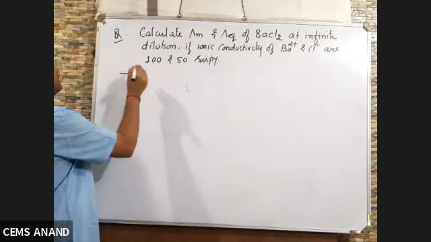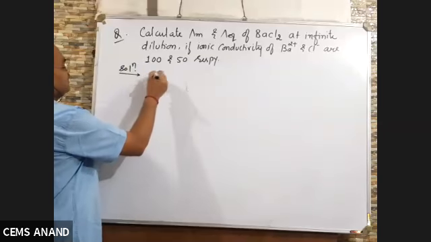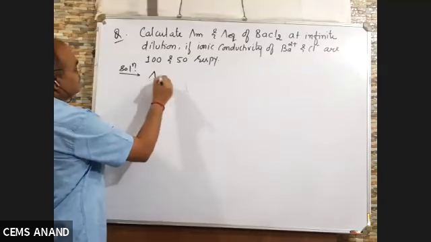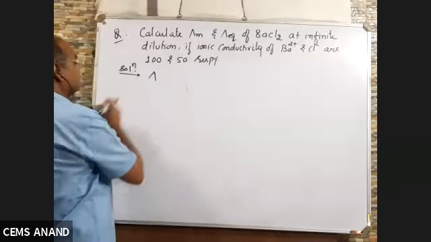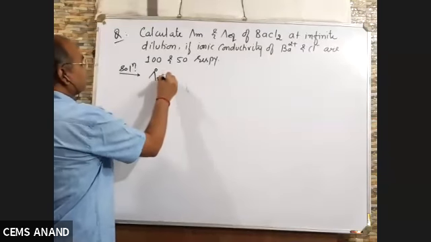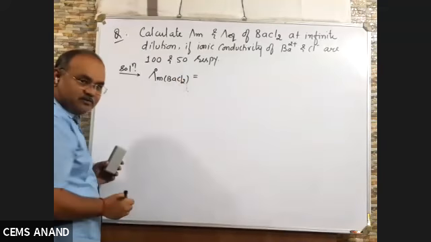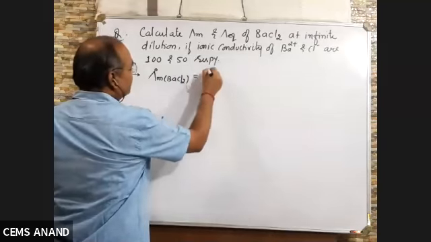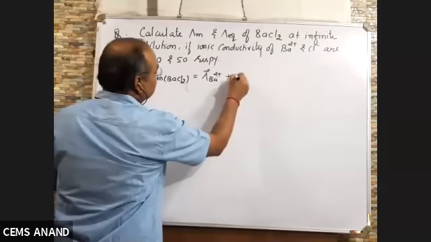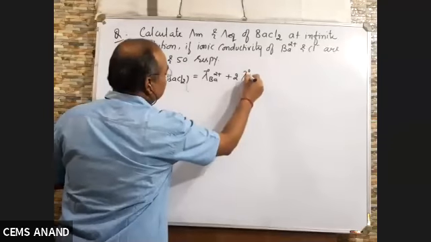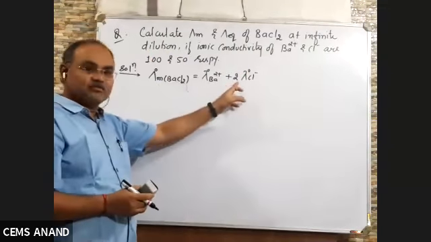So, the solution for this is lambda 0 m for BaCl2. Yesterday we have written for NaCl. It will be ionic conductivity of Ba2+ plus 2 times ionic conductivity of Cl-. Because this is molar conductivity, you have to consider the moles, right?